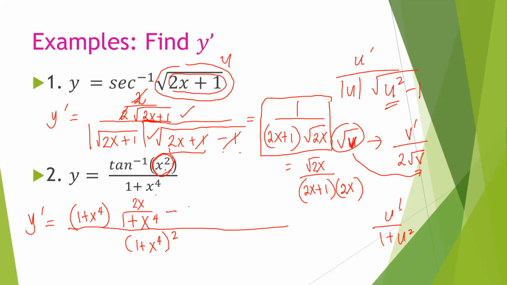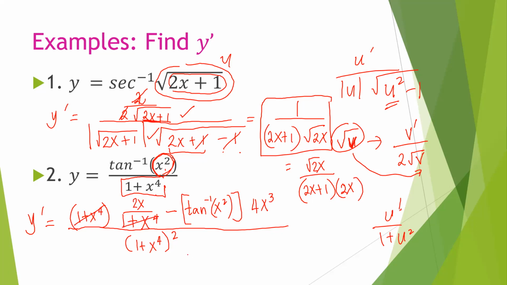Minus high d low. So, you have arctan of x squared. Multiplied by, ito yung high, d low. So, what's the derivative of your low? This one is 0 plus 4x cubed. So, just have to write here 4x cubed. Okay. So, magka-cancel to, tsaka ito.